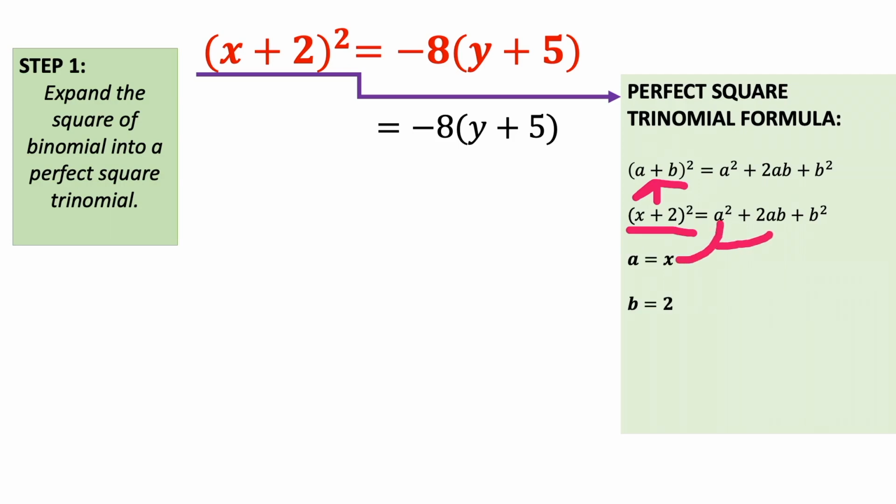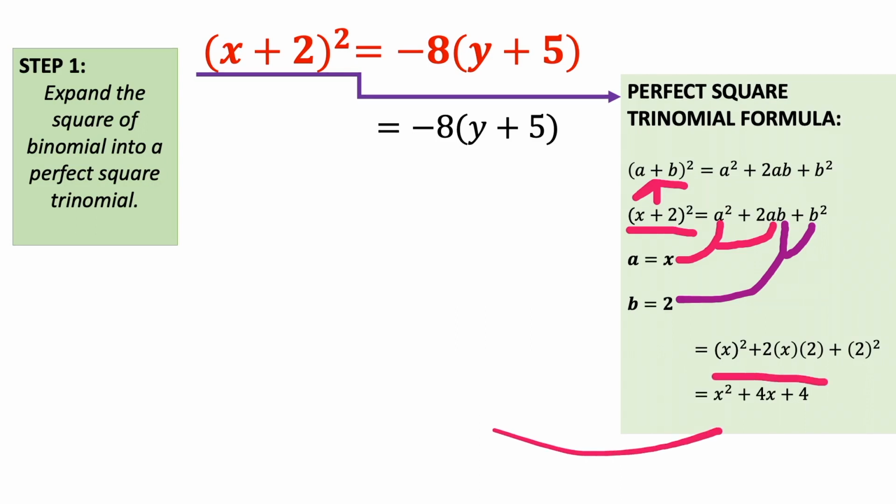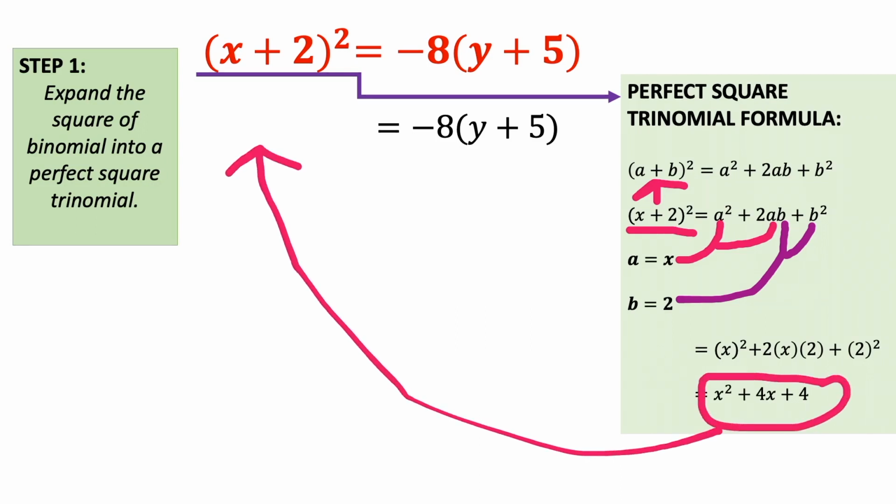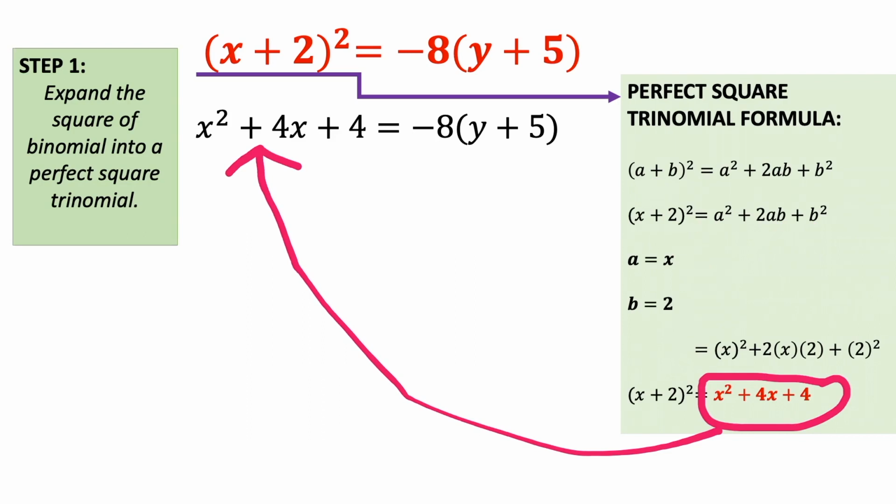We will substitute these values to the formula. We have quantity x squared plus 2 multiplied by x multiplied by 2 plus quantity 2 squared. Simplifying it, we will have x squared plus 4x plus 4 as the expanded form of quantity x plus 2 squared.